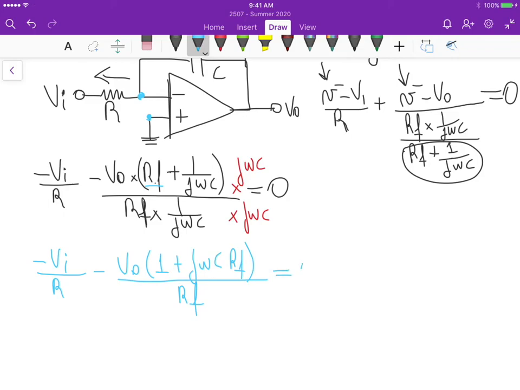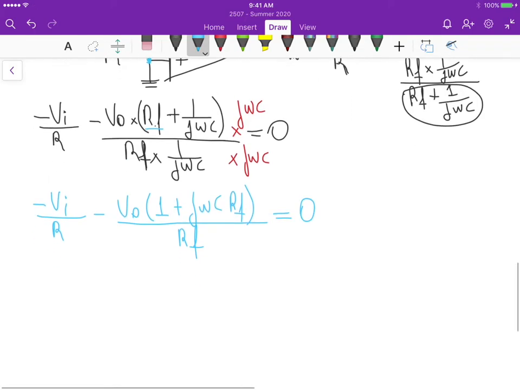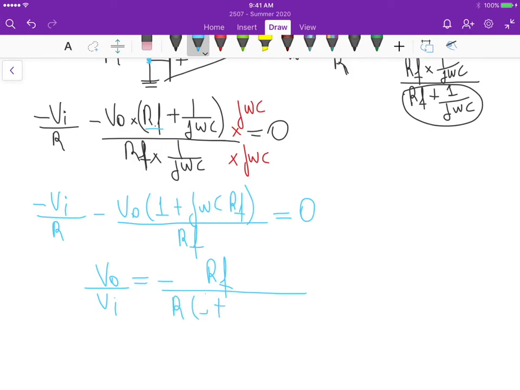And this should be equal to 0. And if we isolate V out over VI in this equation, we get that V out over VI is equal to minus RF divided by R times 1 plus j omega C RF. So that's the voltage transfer function, okay? This is equal to H of j omega.